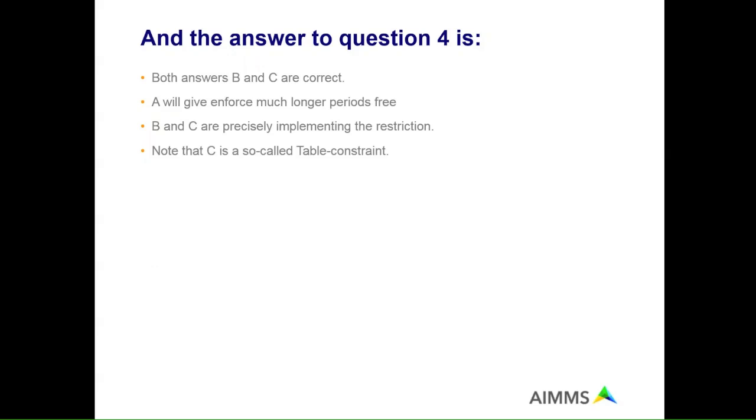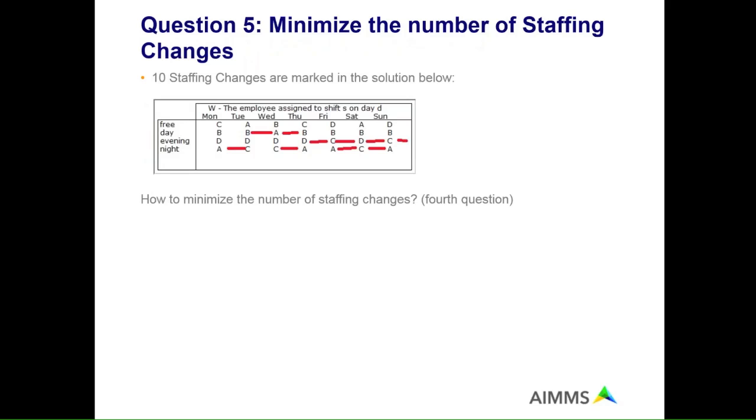But that is because the table constraint version is not sparse here. So if you can get some restrictions combined into a table constraint, please try to use that in your constraint programming application. On to the next question.